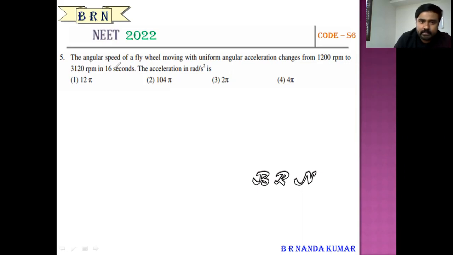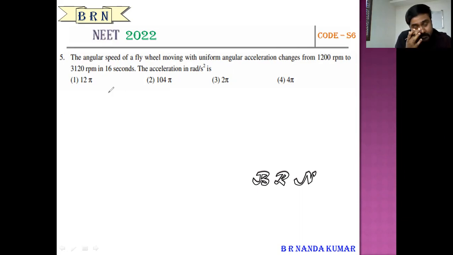The time taken is 16 seconds. We have to calculate the angular acceleration.